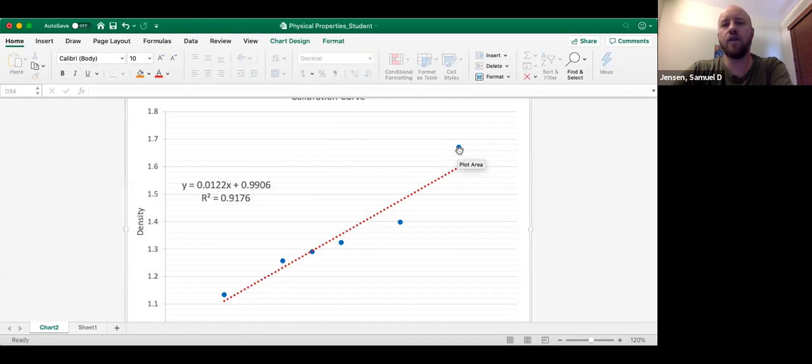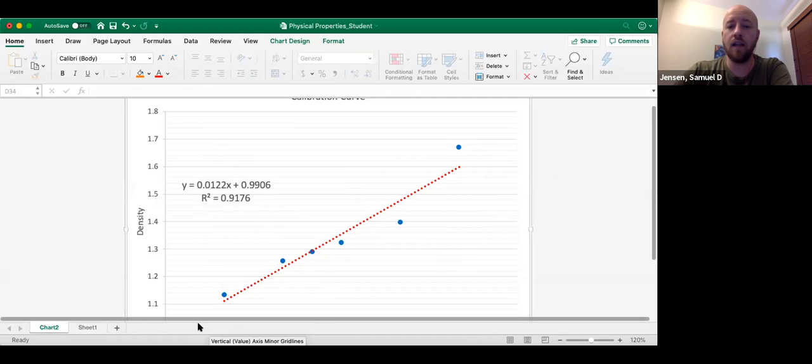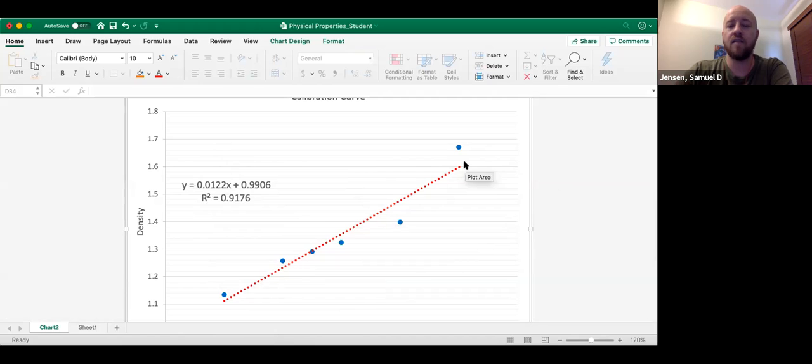So it's kind of like looking at the standard deviation, right? From the Pennies lab, when we looked at standard deviation, how far off of the average is it? So you also saw the equation change, right? The equation changed when I changed the data point, because it is trying to create a line that best fits my data.